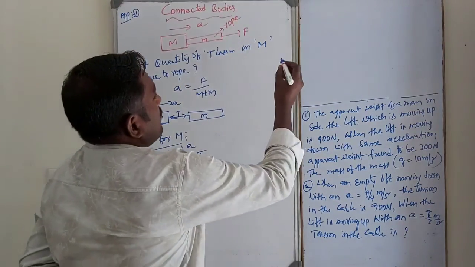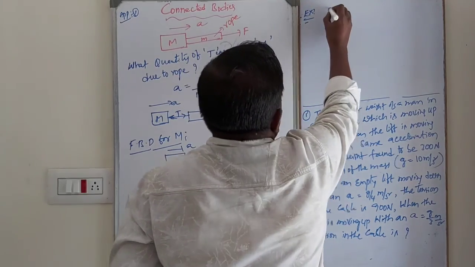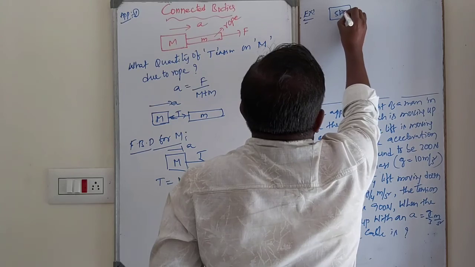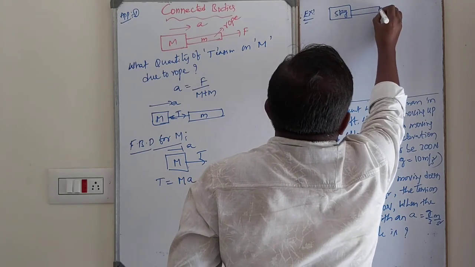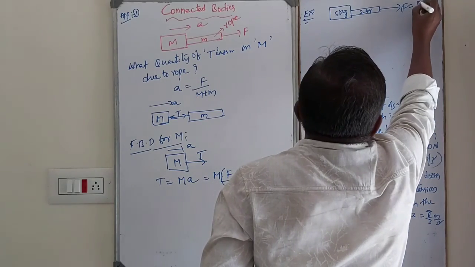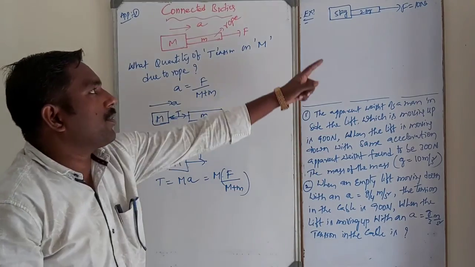For example, a problem about this: the mass of a body is 5 kg, the rope is 2 kg, and the applied force is 10 Newton.